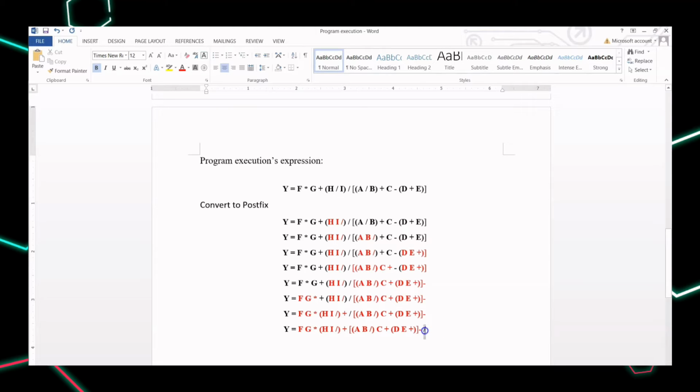And you just fix it. That's all for the postfix notation. This is the way to convert the expression to postfix, and we can remove all the brackets if you want. So we just try to remove them.